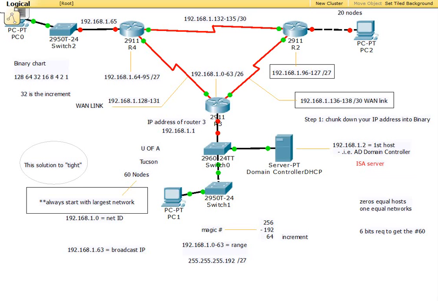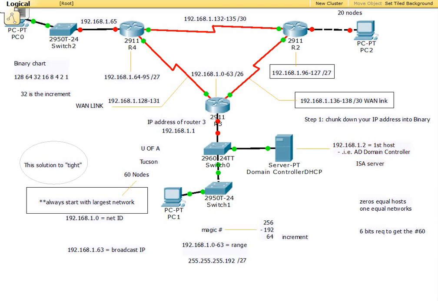So I'm going to write that in there, ISA server domain controller, and the IP address is 192.168.1.2. ISA server also, if I'm not mistaken, I'm not terribly familiar, can do spam filtering, which everybody needs. There's just so much spam out there.